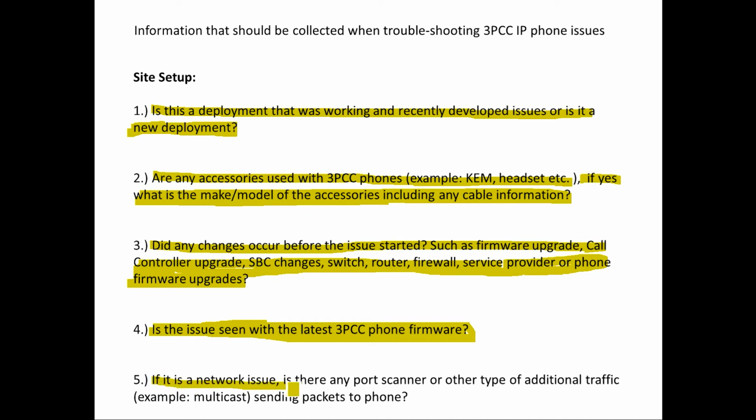Number 5: if it is a network issue, is there any port scanner or other type of additional traffic, for example multicast, sending packets to the phone? This is really where you probably want to do a Wireshark capture on the switch port where the phone is, and initially maybe just do 10 seconds and see if there's any elevated traffic, ARPs, broadcasts.